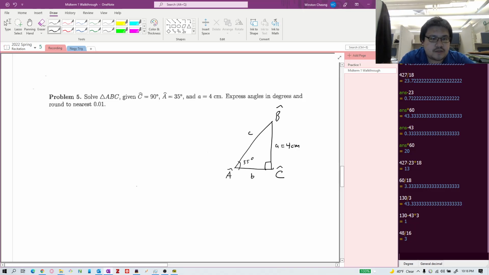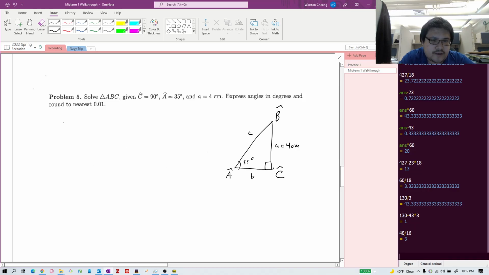Okay. So to solve our triangle, that means we need to get all the values that are missing. The easiest value to get here is going to be this angle B. This is a right triangle, which means that the other two angles, apart from the right angle, are going to add to 90 degrees.